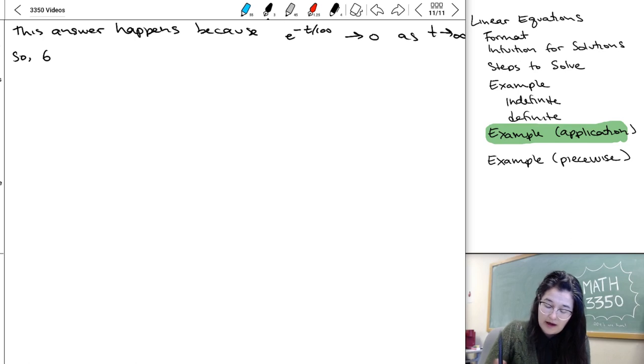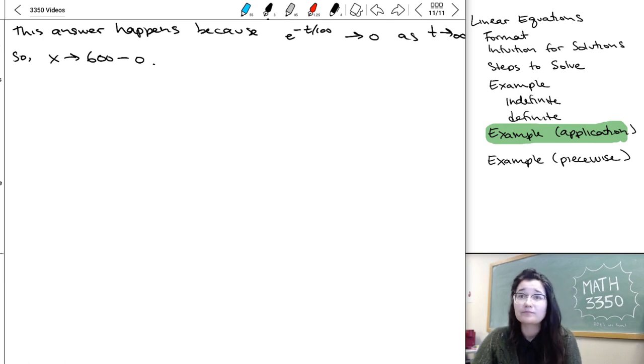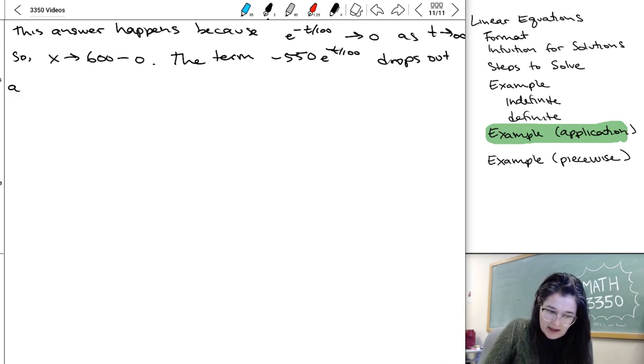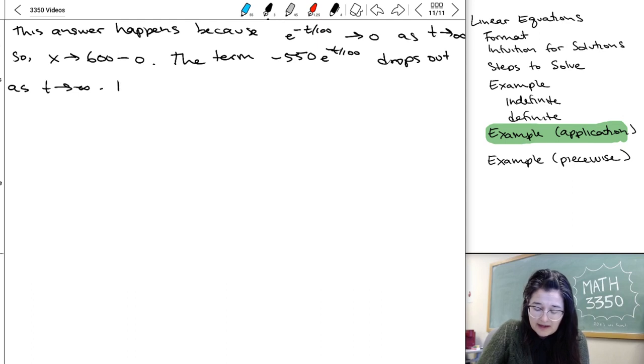So x goes to 600 minus 0. That term that's going to 0 is kind of cool, minus 550 e to minus t over 100. What's happening is it's dropping out of the solution as t goes to infinity. And there's a special word for that type of term. It's called a transient term.